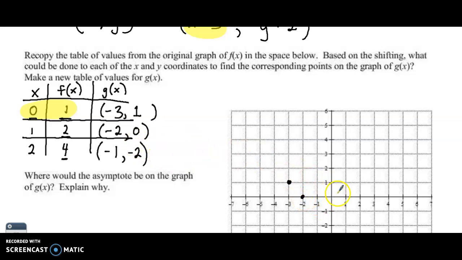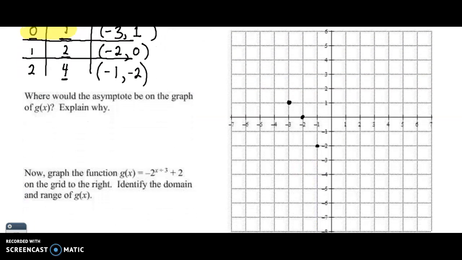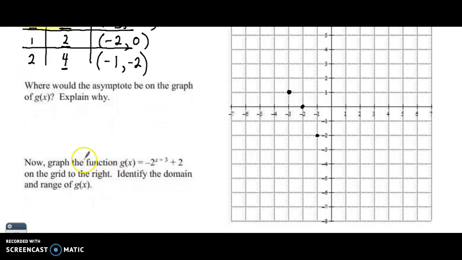And notice I don't expect a lot of points because I think that you could graph this, I'm doing this last one by the way, with just 3 points, because I think it's pretty clear from here where your asymptote would be located based off of those 3 points. Now, if you're confused, why is your asymptote going to be at y equals 2?